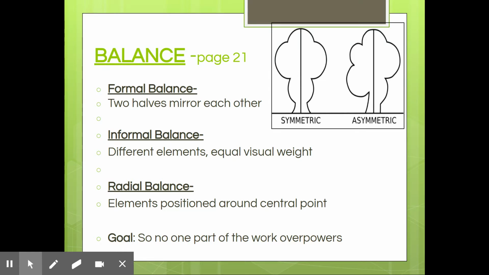The last type of balance is one in which there is a center point and each of the elements of the artwork radiate out from that central point. In this case, we could draw a line down the middle of it in any direction, vertically, horizontally, diagonally, and the result is the same: it is a mirror of itself. We'll look at some examples here in just a moment.